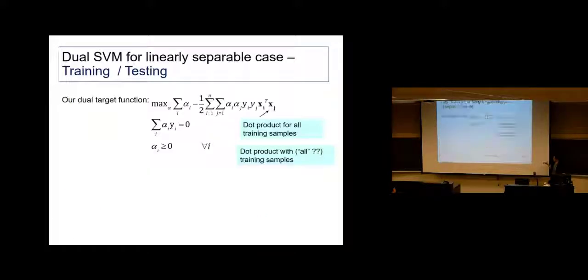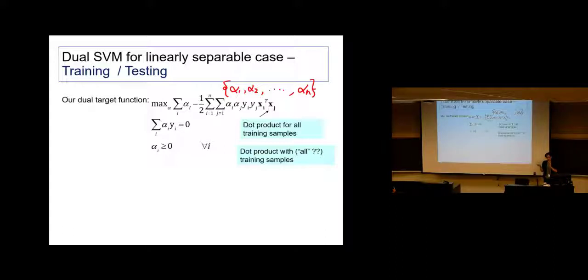Let's see this formulation. What is it? This revised formulation is trying to maximize in terms of alpha now. So there are n parameters, alpha 1, alpha 2, until alpha n, that I'm trying to learn to fit my training data. And the whole formulation is revised into this.